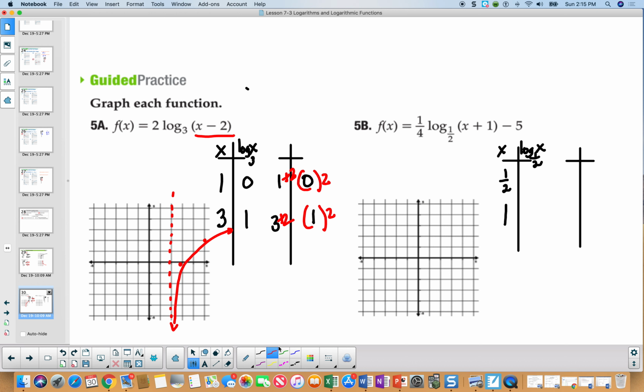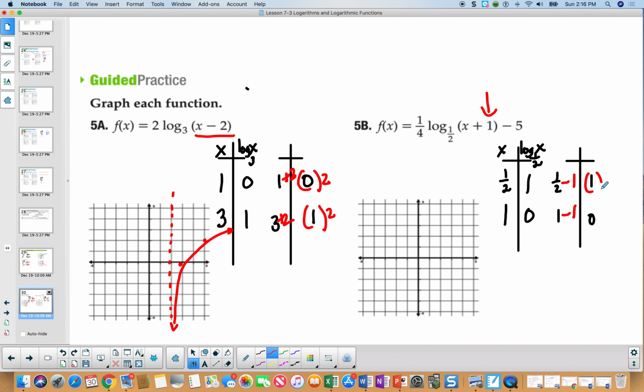Okay, over here, I know that for the parent function, 1/2 to what power will equal 1/2, and that'll be 1. And then 1/2 to what power will equal 1, and that's 0. So I'm going to take this 1/2 and this 1, (1/2, 1) and (1, 0), and what I want to do is subtract 1, because I'm going backwards. Subtract 1, because this is a horizontal shift back 1 unit.